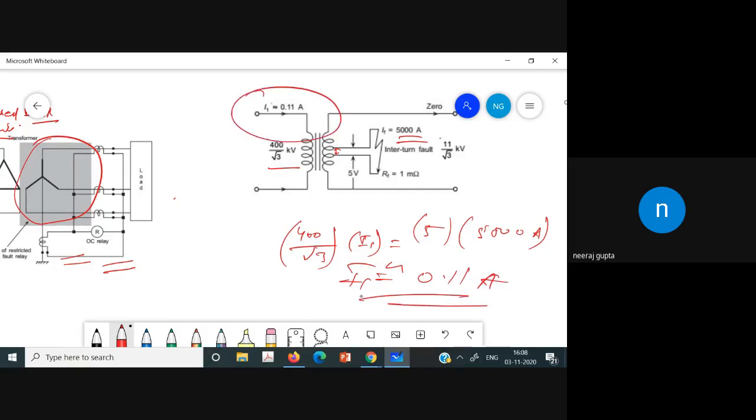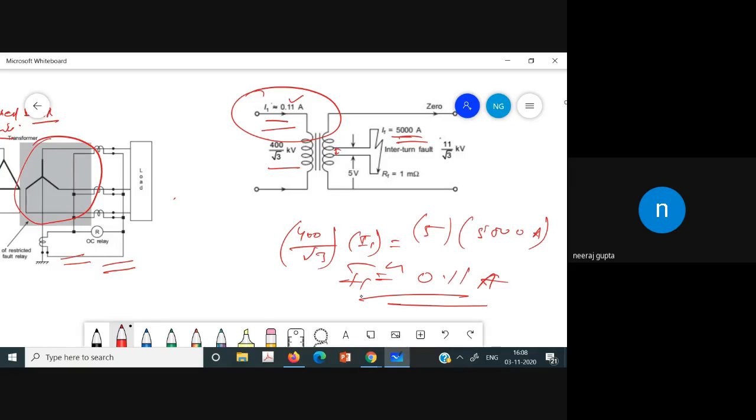It is very small. It means that the current that circulates within the shorted turns is 5000 amperes, whereas at the 400 kV terminals the current circulating is only 0.11 ampere.